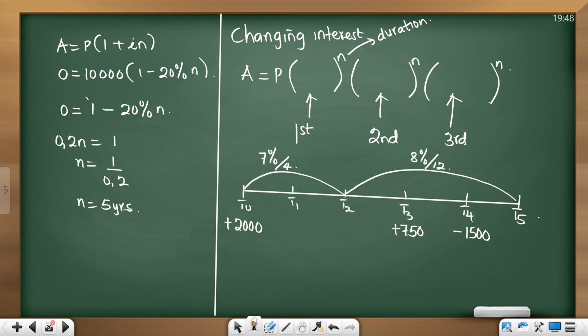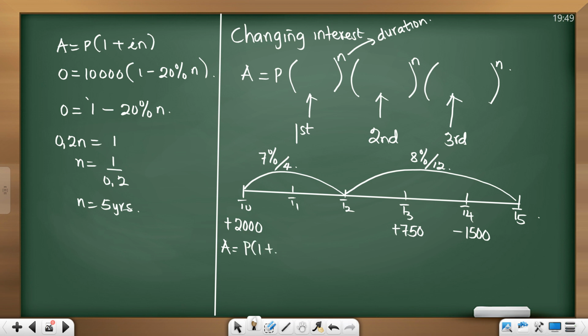Please listen to the language carefully. We deposited 2,000. After 3 years, we deposited what? 750. In the fourth year, we withdrew what? How do we calculate how much we have? I'm going to deal with 2,000 first, before 750. All the formula I'm using is simply A equals to what?